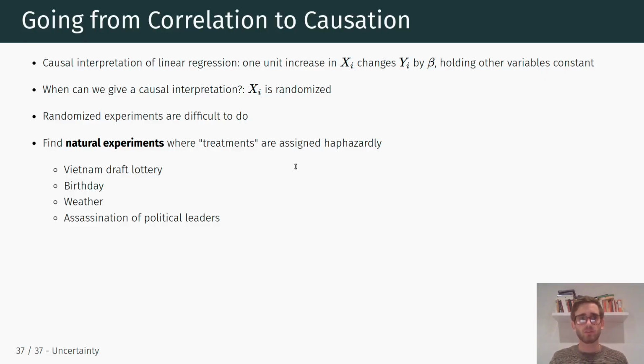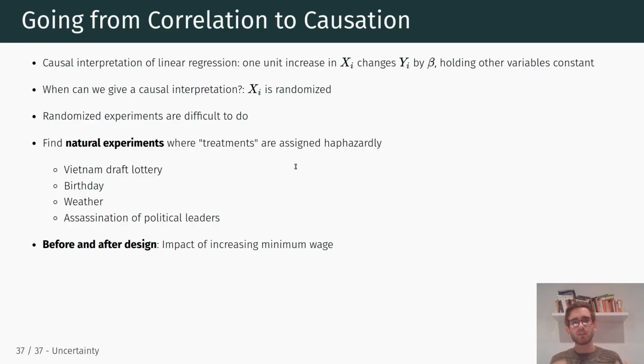Those are examples of natural experiments where the treatments are assigned in a way that is essentially exogenous to potential confounding factors. And then we can get closer to a causal interpretation of our regression coefficients.